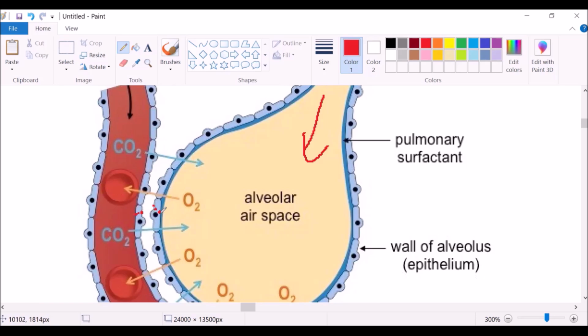So we're talking about a total of 1, 2, 3, 4 membranes before it gets in contact with the blood, and it also has to pass through the membrane of the red blood cell for it to finally pass into the red blood cell. So we're talking of a total of 5 membranes and 2 cytoplasms before it finally gets into the red blood cell, where it can be carried to body cells.